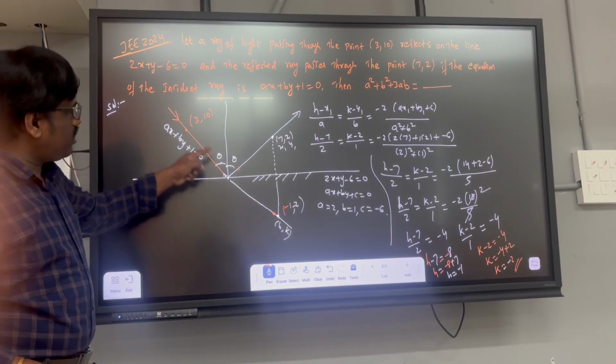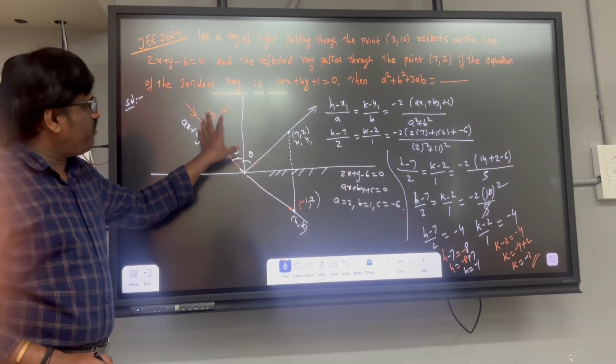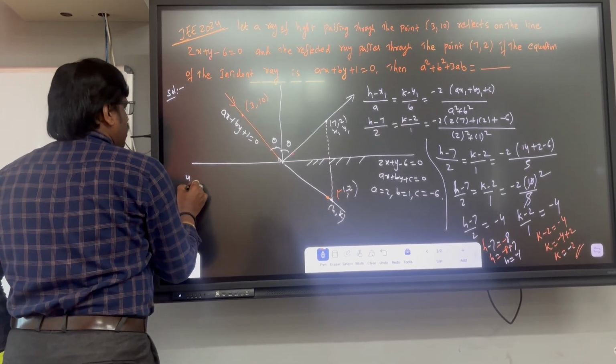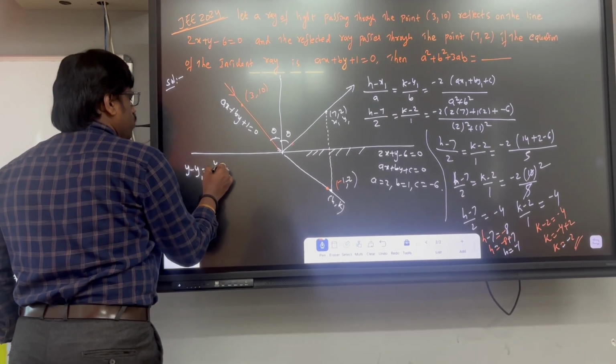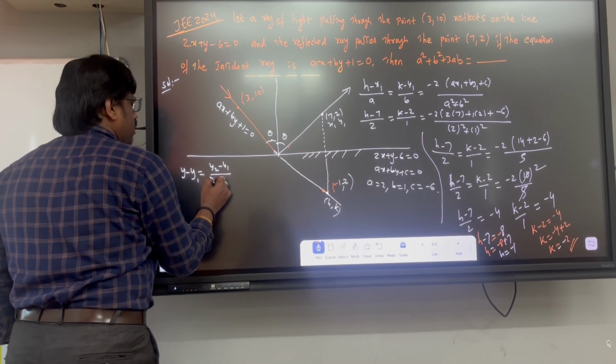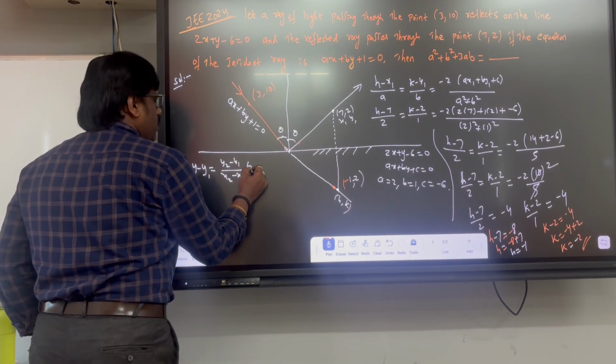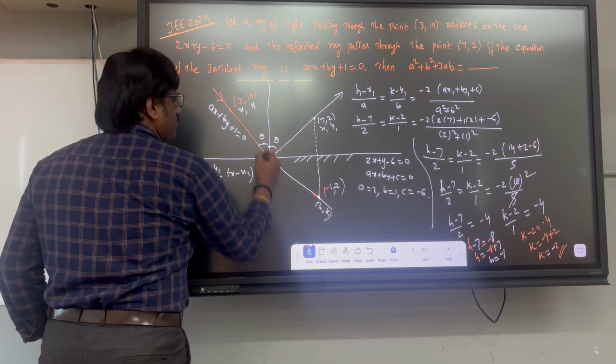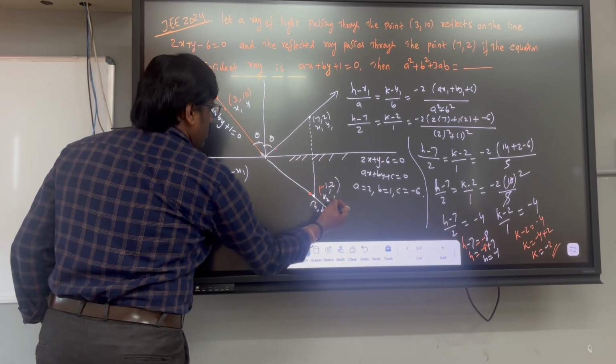So this point is (-1, -2). Now you know this point and you know this point. We can find the equation of the incident line passing through two points. The formula is y - y1 = (y2 - y1)/(x2 - x1) times (x - x1). Consider this is x1, y1, and this is x2, y2.